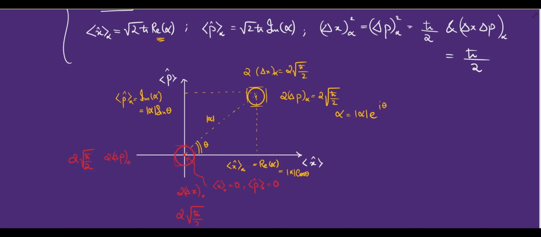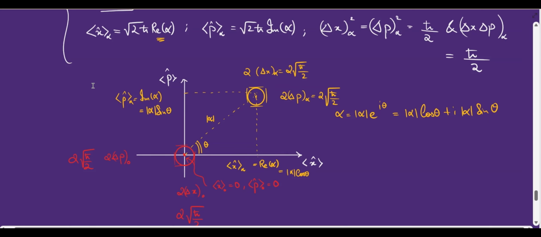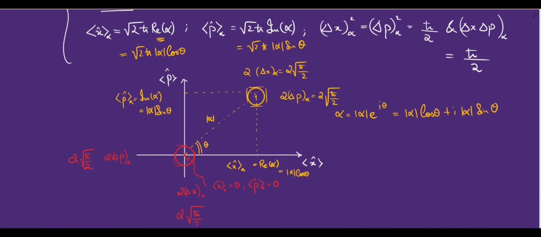It is just because alpha is equal to mod of alpha cos theta plus i mod of alpha sine theta. So this is what we are using here. So we can write this as root 2 h bar mod of alpha cos theta, and this as root 2 h bar mod of alpha sine theta.